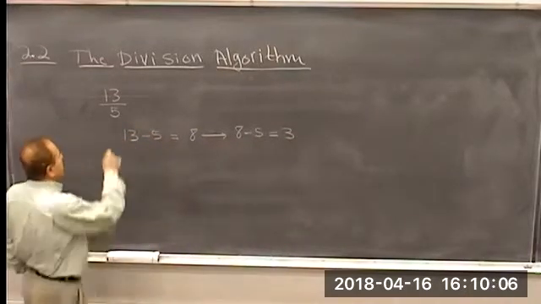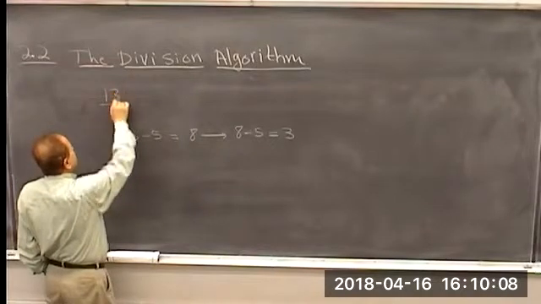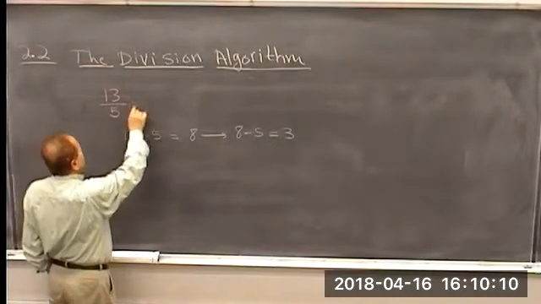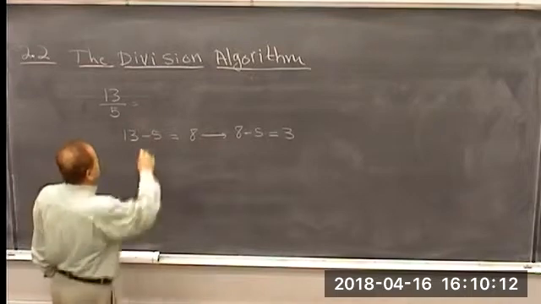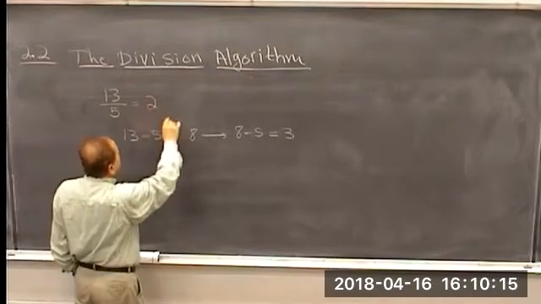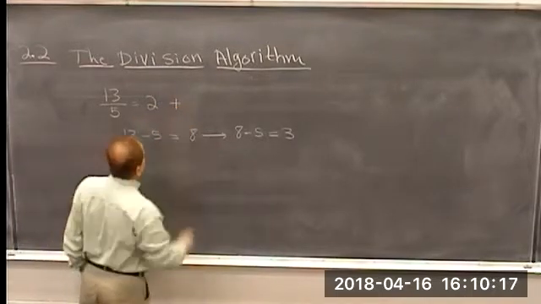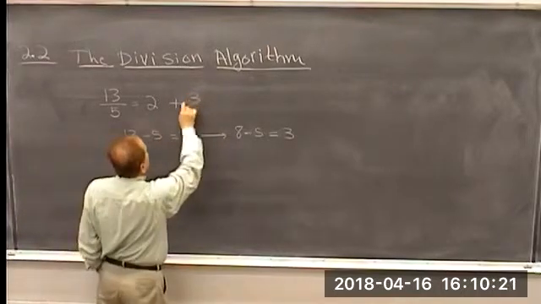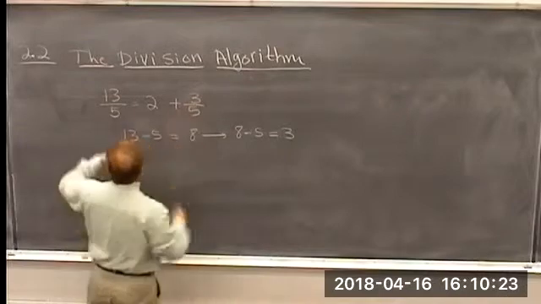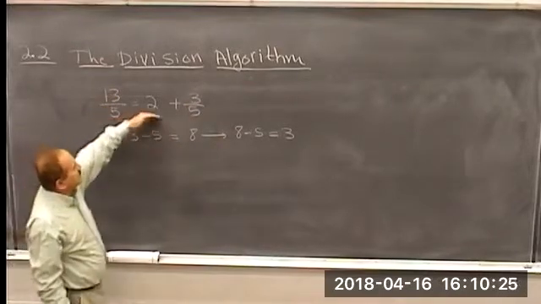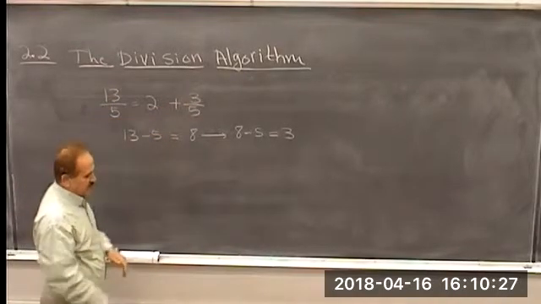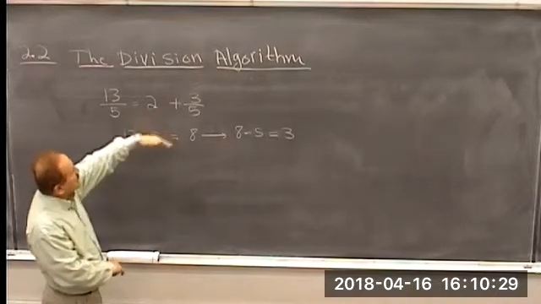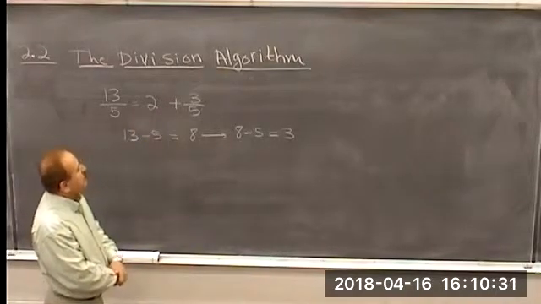Then we say that 13 over 5 is equal to 2, how many times I subtracted the 5, and then 3 over 5. So we could express 13 over 5 as 2 plus 3/5, which we write as a mixed fraction, 2 and 3/5, right?